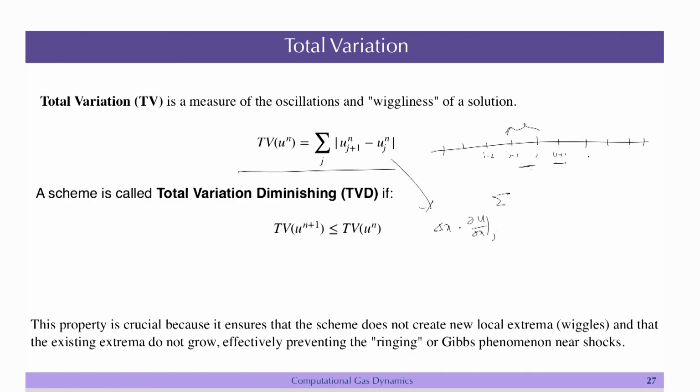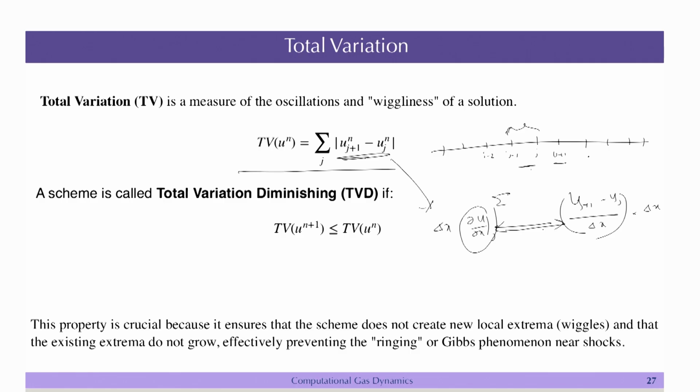If you take u j plus 1 minus u j divided by delta x and multiply by delta x, and delta x goes to 0, it becomes du by dx. So it is a measure of how we are approximating this gradient using the numerical method.